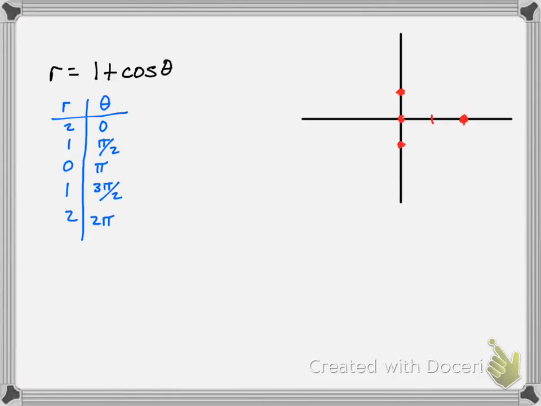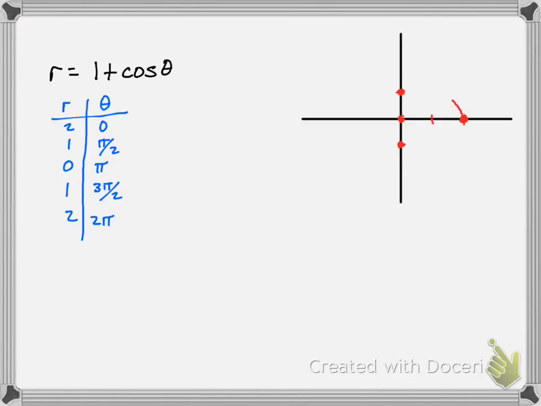All right, welcome back. This is going to be similar to the previous graph where we have 1 plus sine of theta, except this one is going to be starting out at an angle of 0 with a radius of 2. So we're starting out at this point, rotating around to pi over 2, 1, so to here, back to the origin, down to negative 1, and then back to where we started.